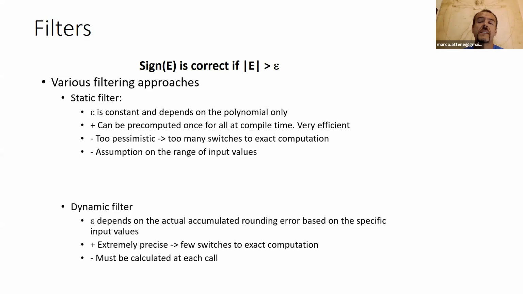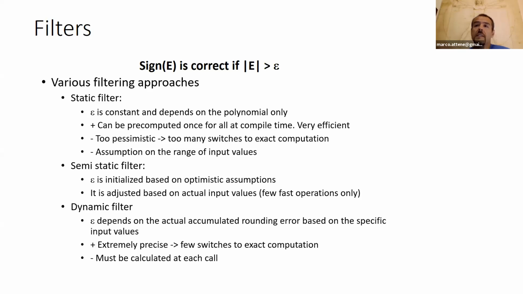This is much more precise, but unfortunately, it has an overhead on the predicate evaluation because the filter must be calculated all the time. As a good compromise, semi-static filters combine a static part computed once and for all and a dynamic part that can be computed at each call, but very quickly. So these are a good trade-off.